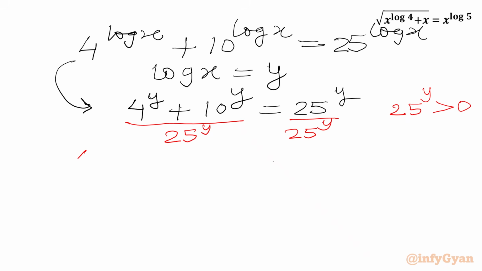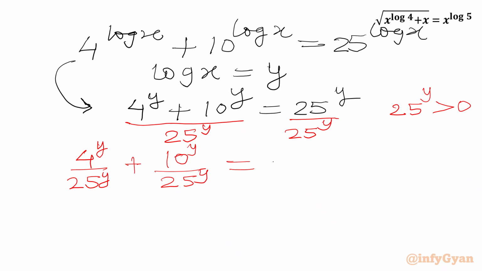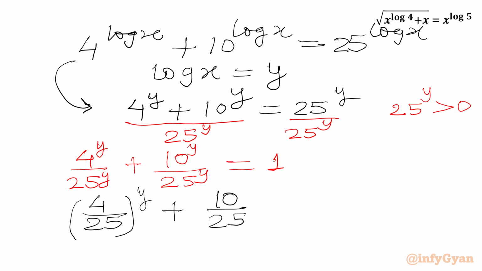Let's divide. We will get 4 power y over 25 power y plus 10 power y over 25 power y equal to 1.